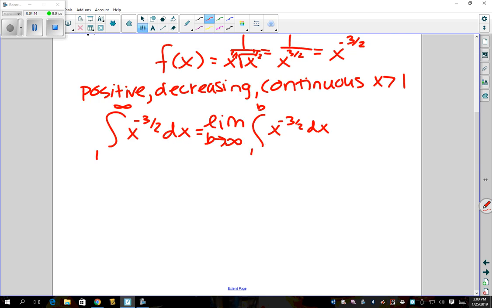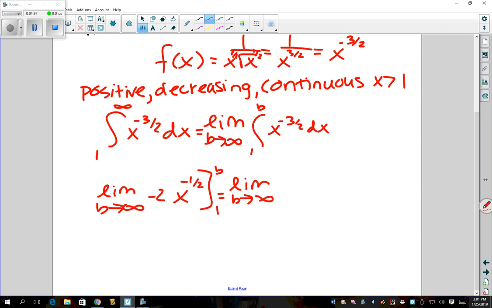Now I can integrate this. Taking the limit as b approaches infinity, for x to the negative 3/2, I add 1, so x to the negative 1/2, and then I divide by the new exponent, which gives me a negative 2. And we're going from 1 to b.